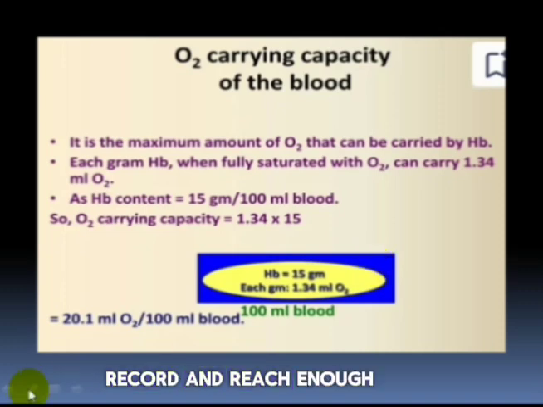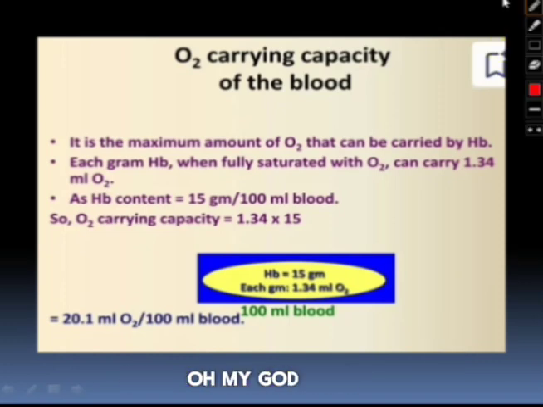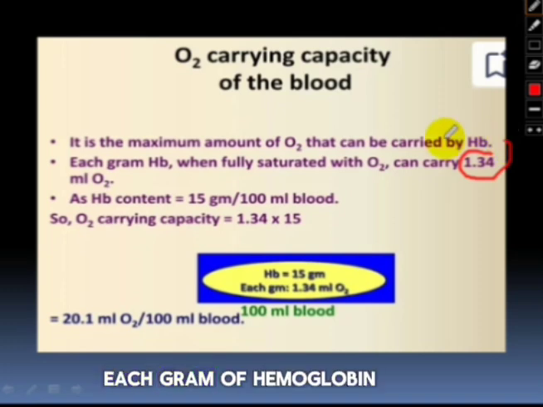Recall that each gram of hemoglobin, when fully saturated, carries about 1.34 ml of oxygen.